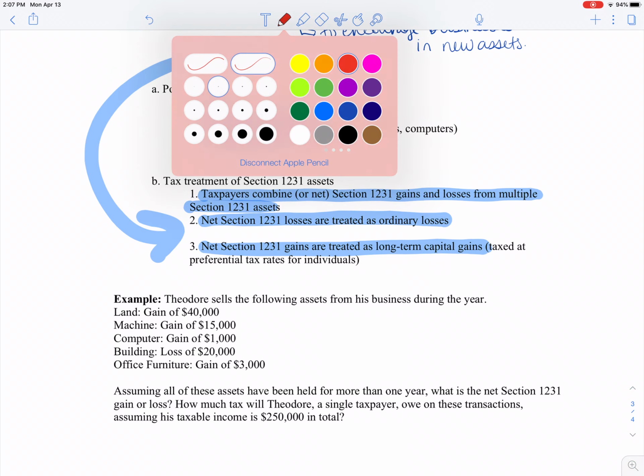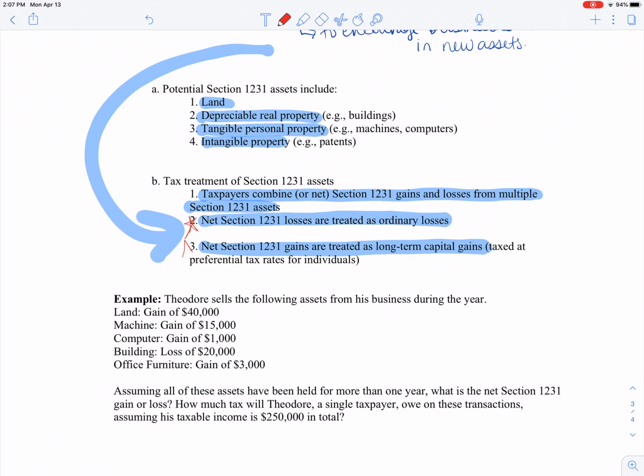So I want to point out that these are really good things for the business. Would you rather have an ordinary deduction or a capital deduction? You'd rather have ordinary because it offsets ordinary income. So I'm going to say good because it can offset ordinary income.